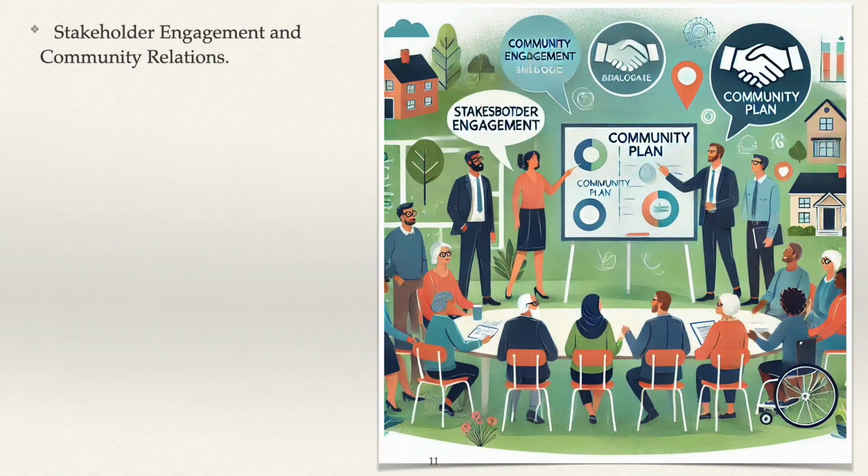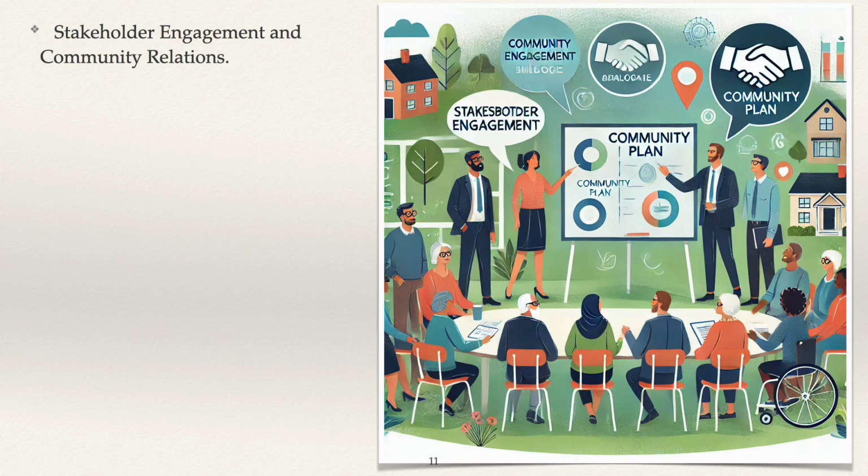Five. Stakeholder engagement and community relations. A. Community outreach and consultation. Transmission line projects may impact local communities, so the contractor should engage in community outreach to keep residents informed and address concerns. Public meetings, informational flyers, and local consultations help foster positive relationships and minimize conflicts.